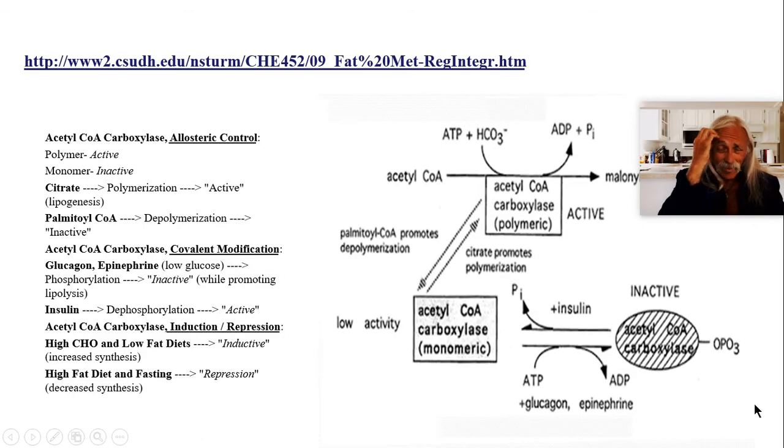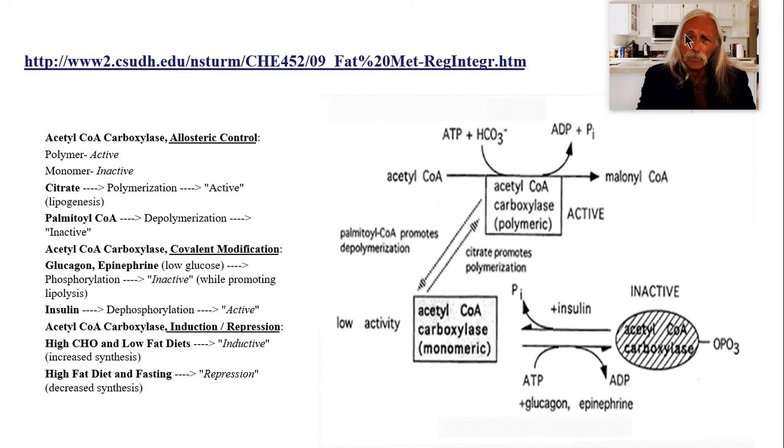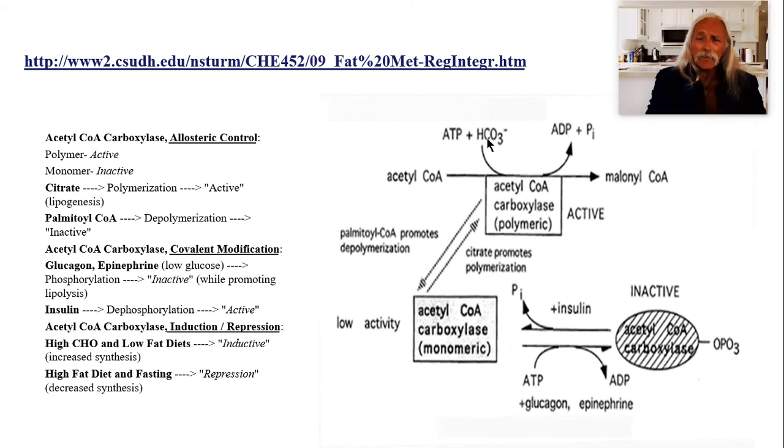So this comes from that particular website, talking to you about acetyl-CoA carboxylase regulation. You need to learn a little bit about that now. There's a reaction with ATP and bicarbonate, that's hydrated CO2. ATP drives the reaction of the carboxylase. The enzyme itself exists as a monomer. Now look here. You have an inactive monomeric acetyl-CoA carboxylase, which is phosphorylated.